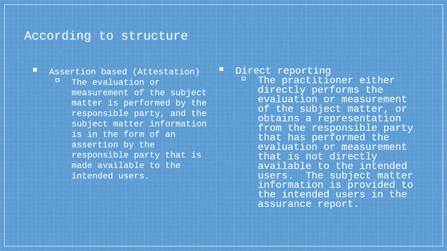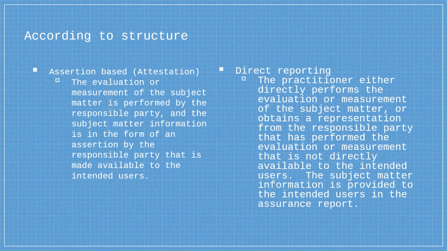Now, in SOX and in PCAOB requirements, the practitioner, this time the auditor, does the direct evaluation and measurement of the effectiveness of his or her client's internal controls, and eventually reports this in the form of an assurance report. Meaning to say, at the very onset, the company or the client does not have a measurement of the effectiveness of the internal controls. It will be the auditor who will directly perform the measurement.